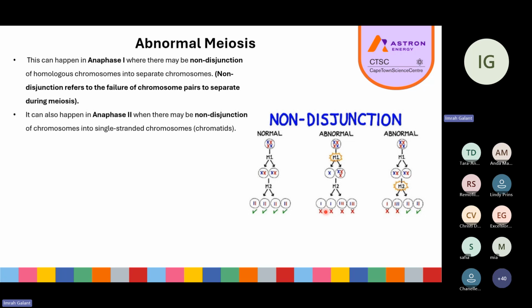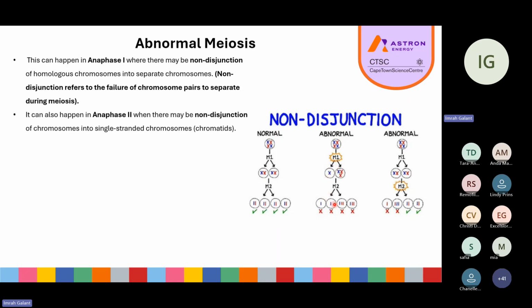So we obviously have normal meiosis taking place on the one side, and then we have abnormal meiosis taking place, but this is now occurring in anaphase 1, where we have homologous chromosomes that did not separate. The diagram shows you when non-disjunction occurs during the first meiotic division. Here one cell ends up with both pairs of chromosomes, while the other only receives one.